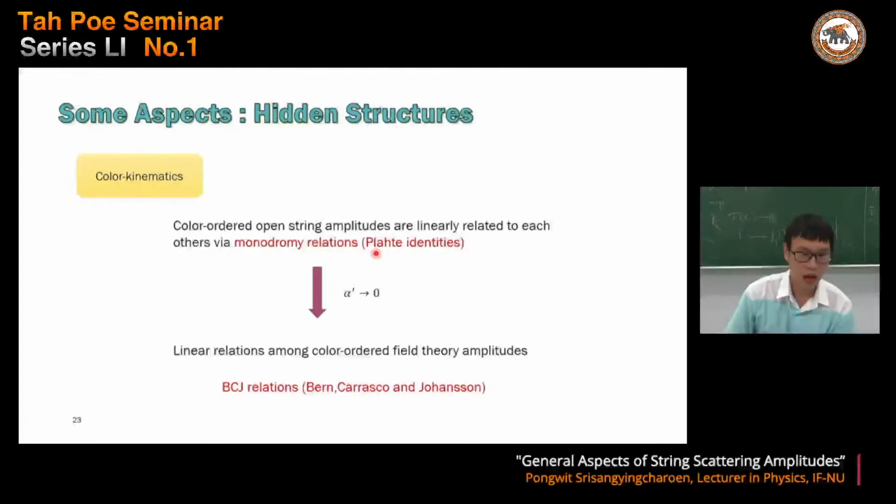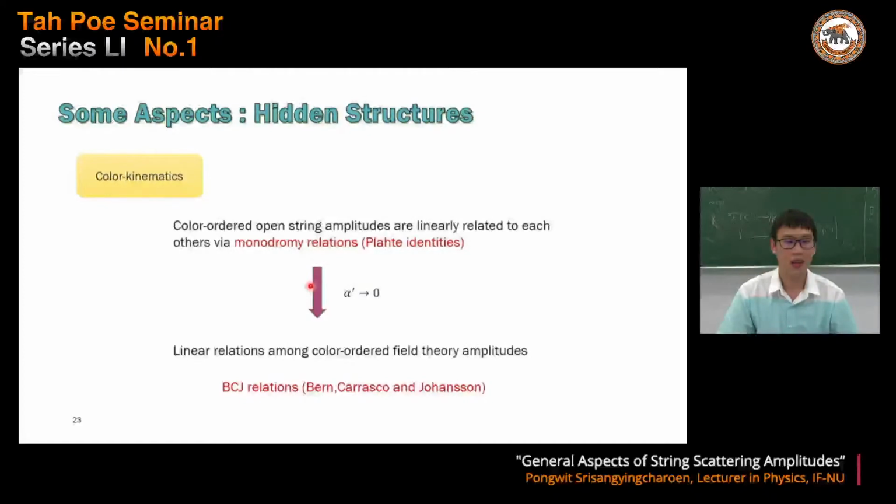Okay, and as I said, in the field theory limit, if we take alpha prime to 0, this provides the linear relation of the color-ordered field theory amplitudes called the BCJ relation, and this BCJ relation is relatively new compared to the string counterpart.